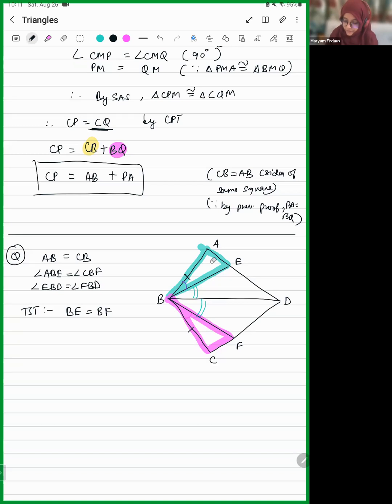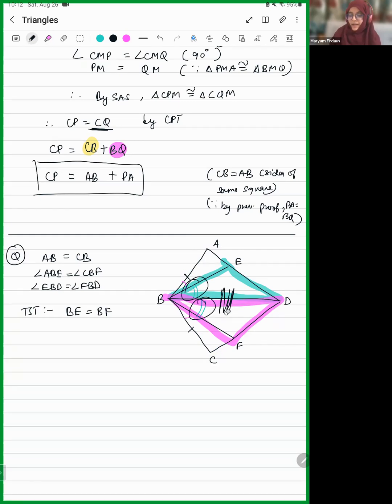What issue do we have? If you take these two triangles, again here you have only just one side and one angle. You don't have another side, you don't have another angle. That's one issue. The second issue is that if you take this triangle and this triangle, then again you're facing the same problem that you have just one side which is the common side and this angle.